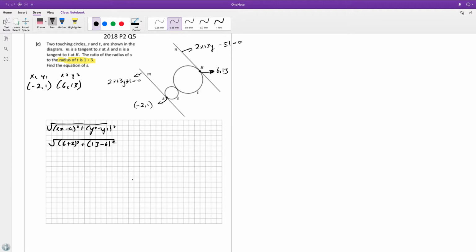So x1, y1, x2, y2. x1 is minus 2, x2 is 6, so 6 plus 2 squared, plus y2 is 13 minus y1, which is 1. The distance is 4 root 13.